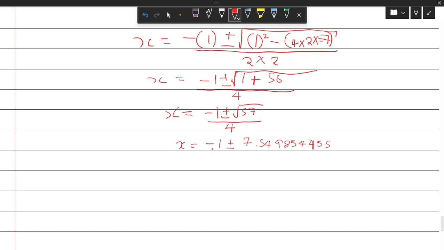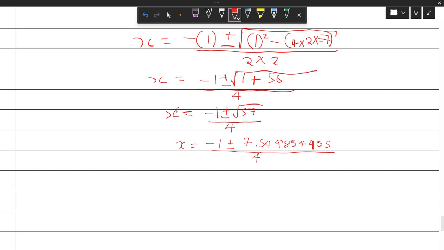At this point you need to write it in full. You don't round off from here. You round off only on the final answer. So you write the full number here like you've seen. I didn't round off. I know the question requires us to round off, but you don't round off at this point because we need to be accurate.